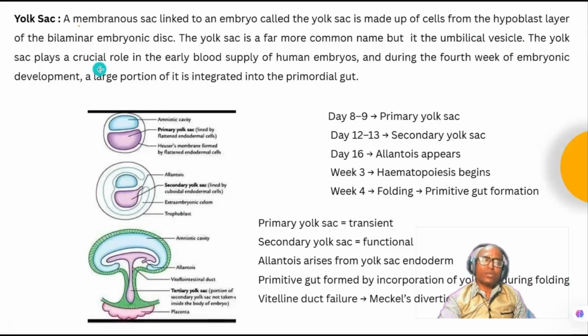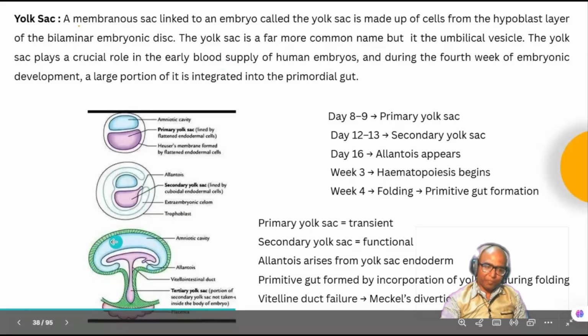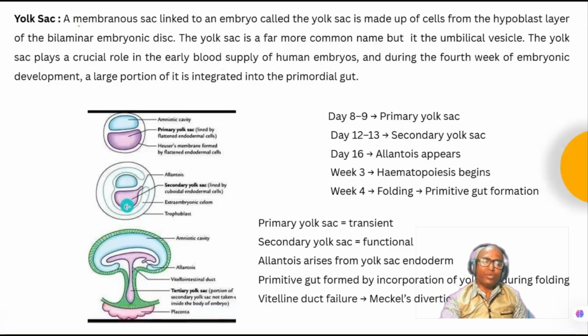The yolk sac plays a crucial role in the early blood supply of the human embryo during the fourth week of embryonic development. A large portion of it is integrated into the primitive gut. Once there is a folding of the bilaminar or trilaminar germ disc, the yolk sac gets incorporated into the embryo.